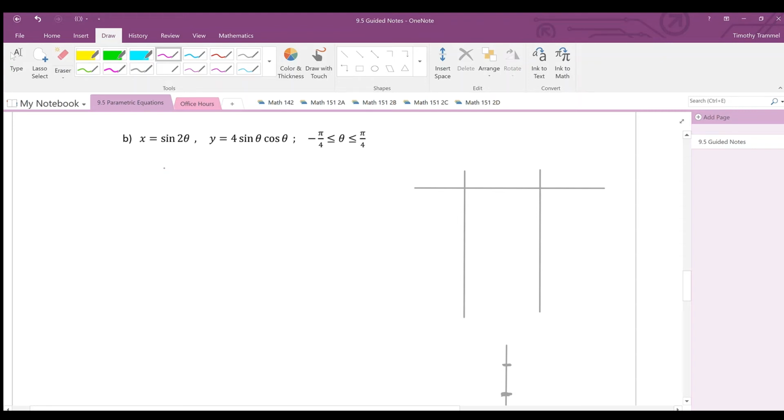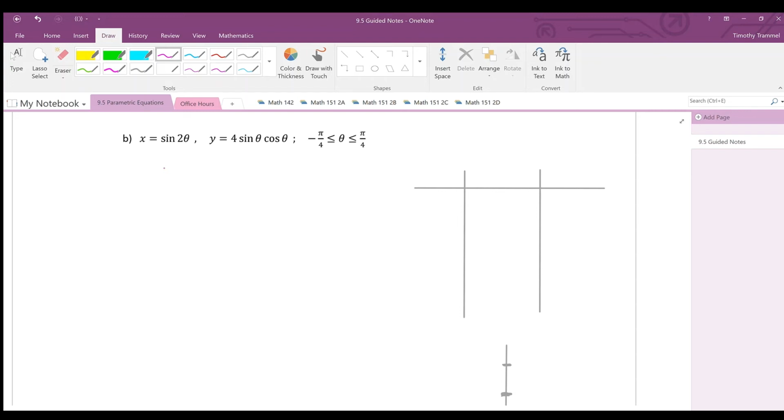One is you can solve for the parameter, substitute it into the other equation, and that would be one way of eliminating the parameter. Another is if you have sines and cosines, sometimes you can just square your x, square your y, and then you know that cosine squared plus sine squared is 1, and you usually wind up with either an ellipse or a circle.